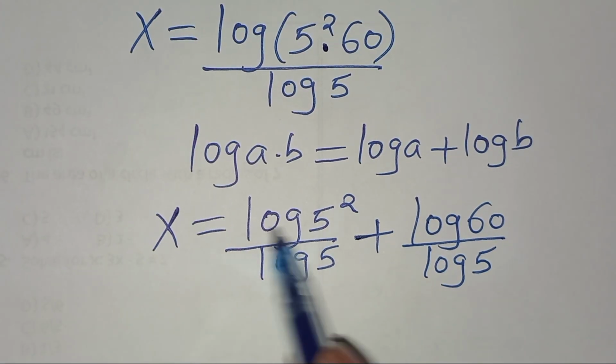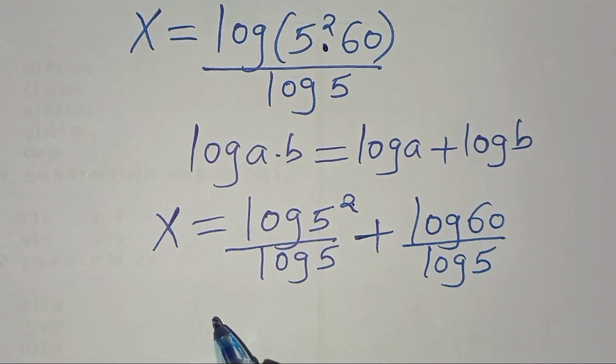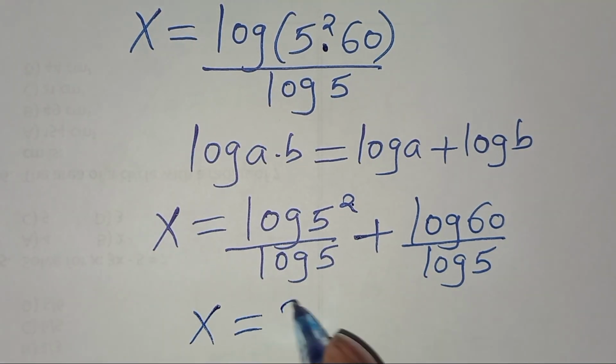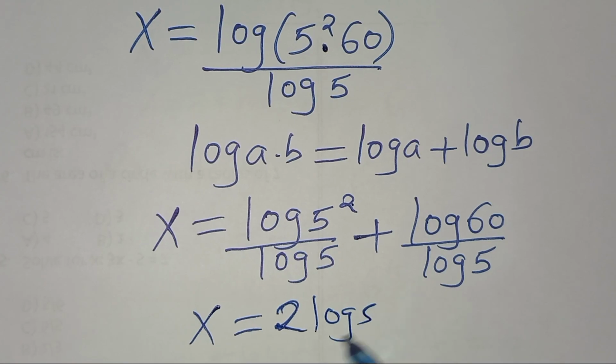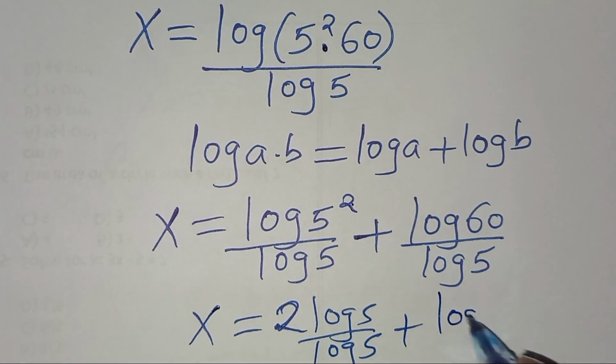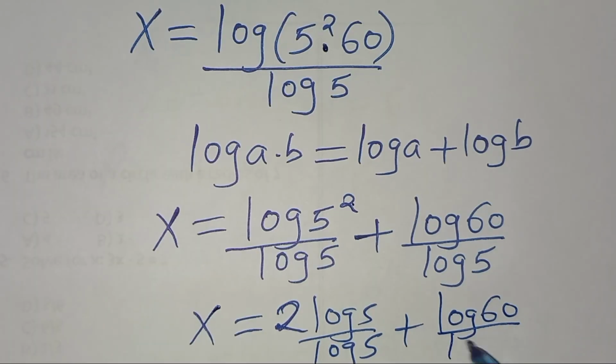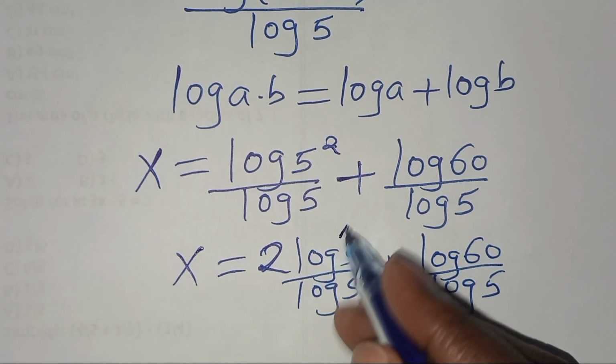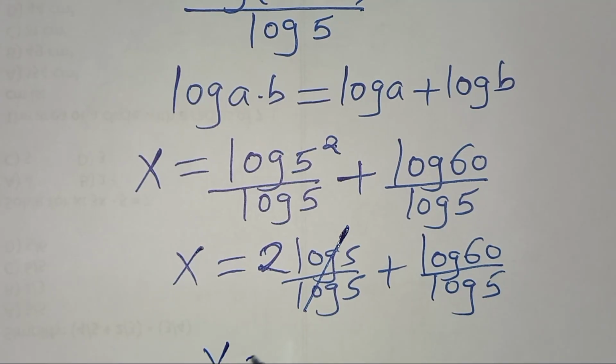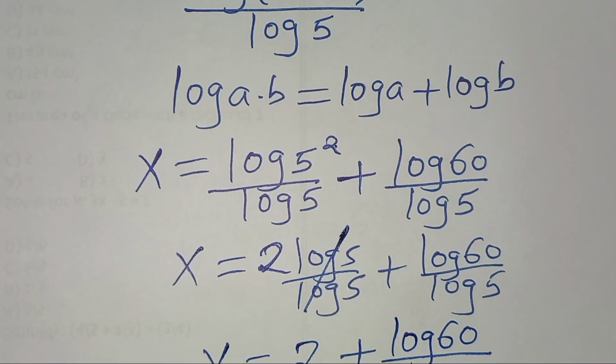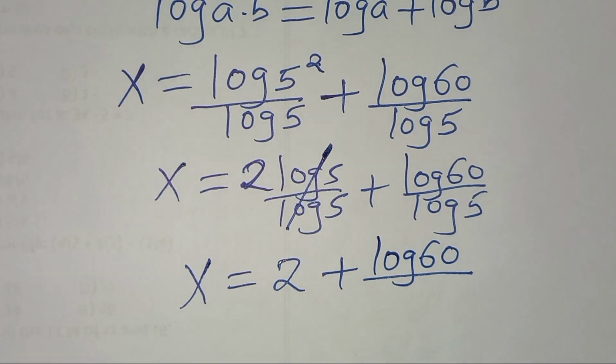Now, log 5 to power 2, applying the power rule property, this can be expressed as 2 log 5 divided by log 5 plus log 60 divided by log 5. Now let's simplify here so that x is equal to 2 plus log 60 divided by log 5.